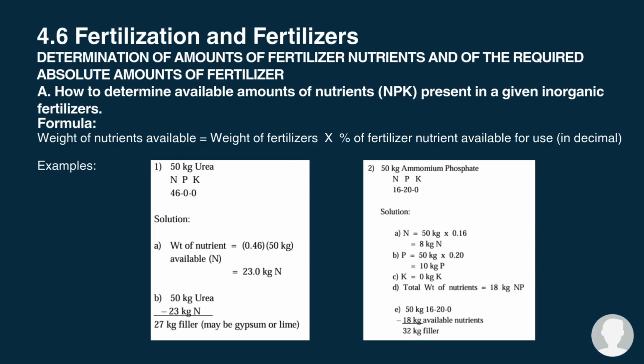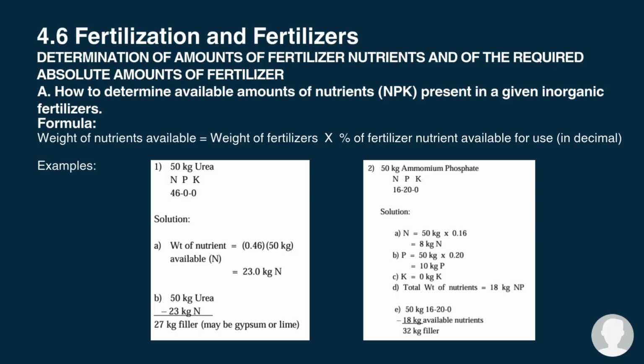We subtract the 23 kilogram nitrogen from the total weight of the fertilizer, 50 kilogram, which gives us 27 kilogram filler. Therefore, out of 50 kilogram urea, 23 kilogram is nitrogen and 27 kilogram is filler material.